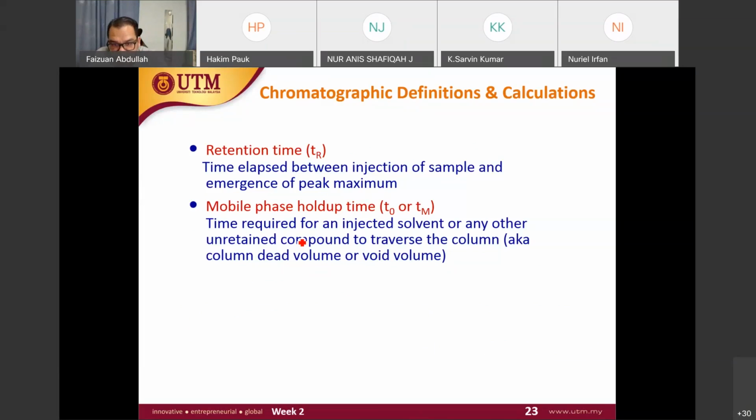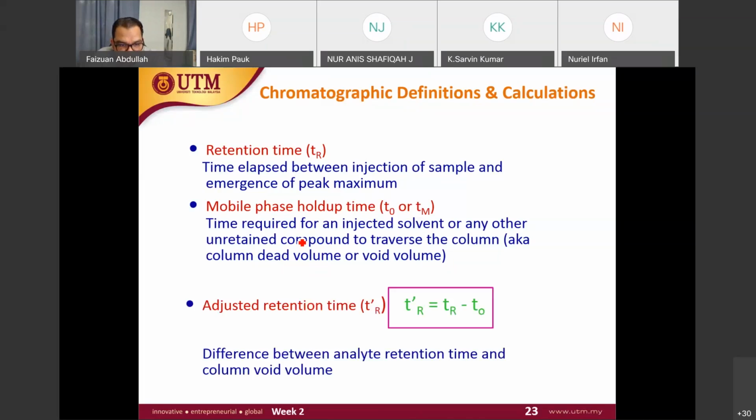The first peak that appears might be from the solvent itself, or any compound unretained in the stationary phase. That compound doesn't react at all with the stationary phase, so it is not our interest.